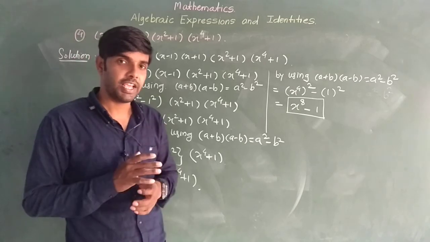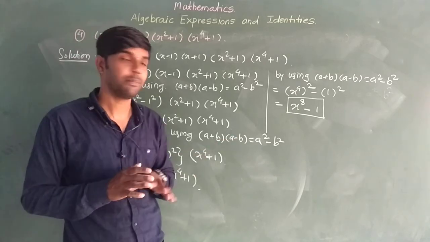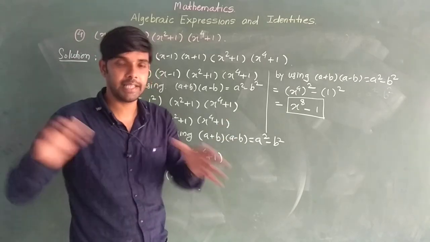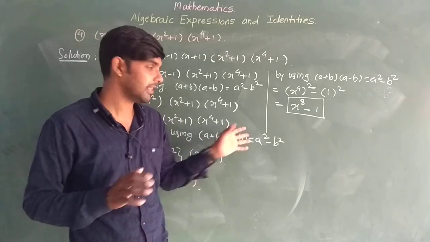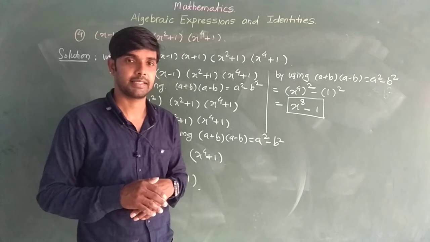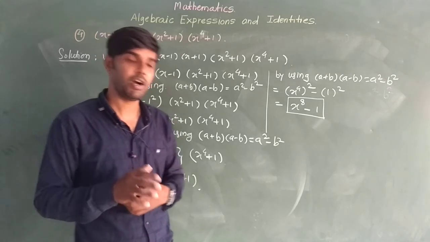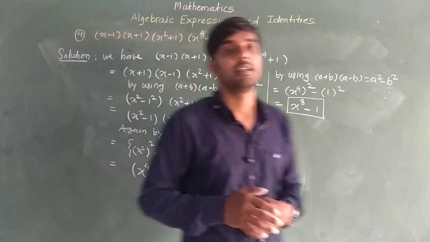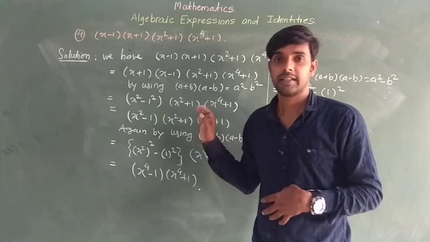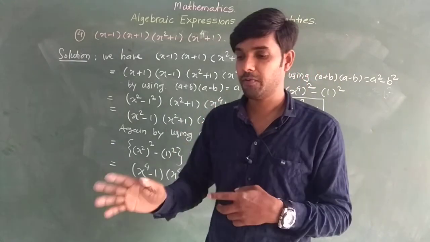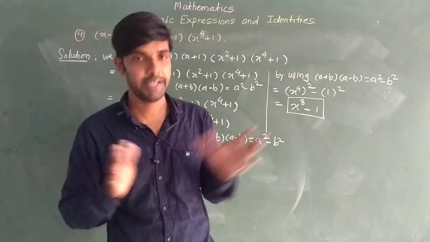So you have to check how many examples of these types are there in that exercise, and you have to solve these questions from the exercise. That means daily you have to solve the examples of the types we have learned, from the given exercise.